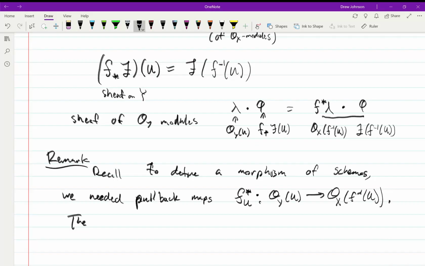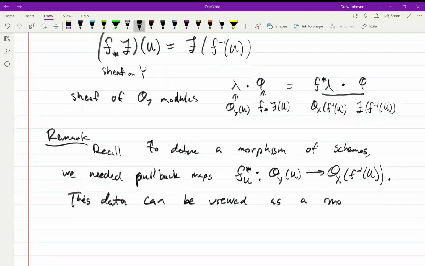This data, together with its compatibility conditions, can be viewed as a morphism of sheaves. We'll just name it F pullback, that goes from OY mapping to the push forward of OX.